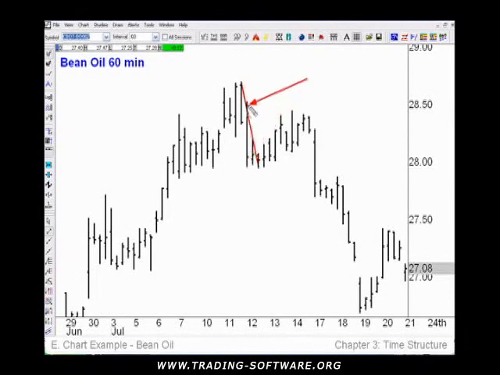This down bar is quite long. Next, this upward move came with a lot of bars stacked upon each other. You have an outside bar here followed by an inside bar, and it's just not moving up with a lot of strong energy. So you have a strong down move followed by a weak up move.